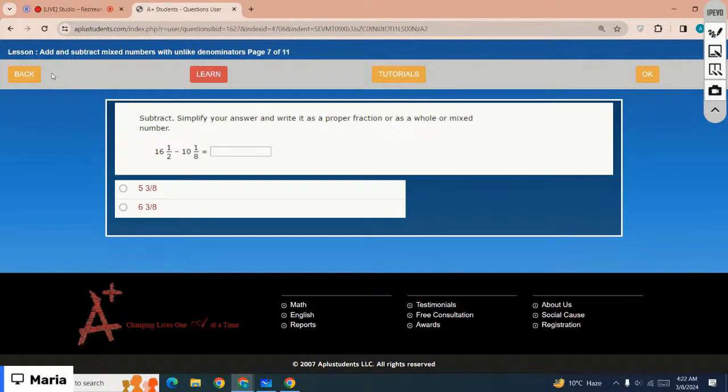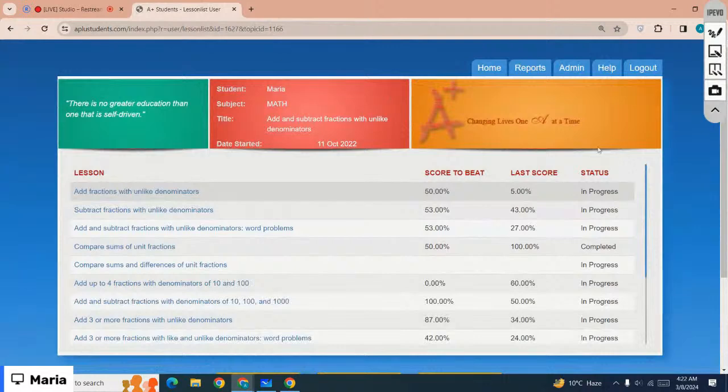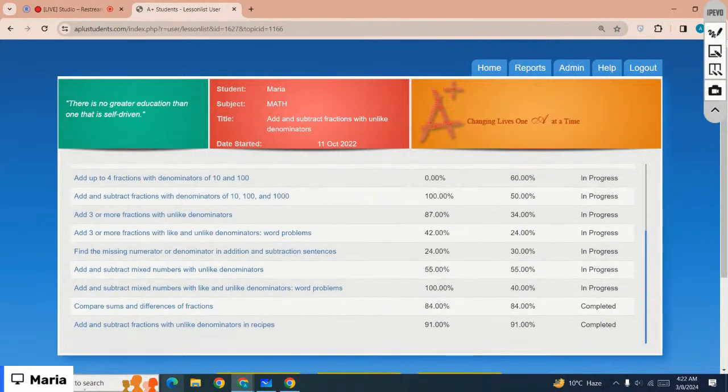Okay, you can complete the lesson by yourself later today. Let me just move on to the next lesson. You can do add and subtract mixed numbers with like and unlike denominator word problems on your own, right? The next one is compare sums and differences of fractions. Let's just start with the lesson.